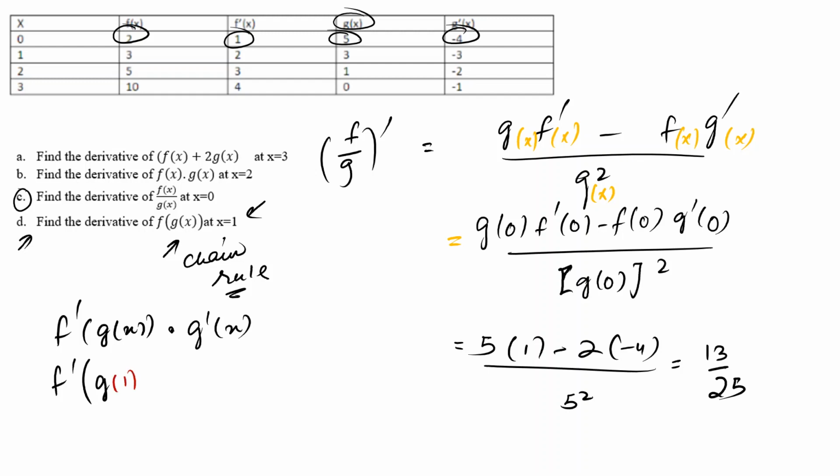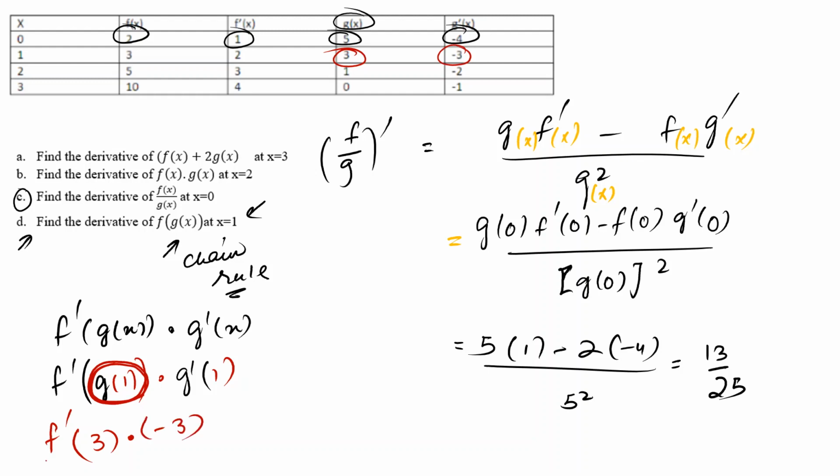Look here. And then I have g prime of 1. Okay, now f prime as it is. What is g of 1 equal to? Only replace this part. So g of 1 is 3, times g prime of 1, which is negative 3.